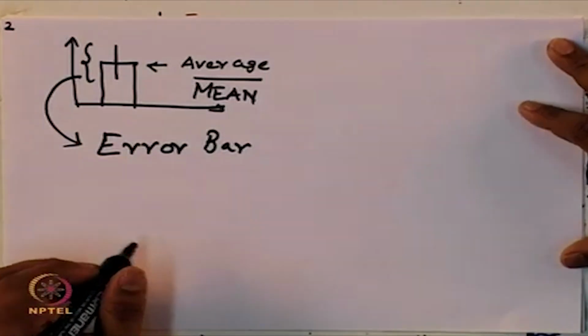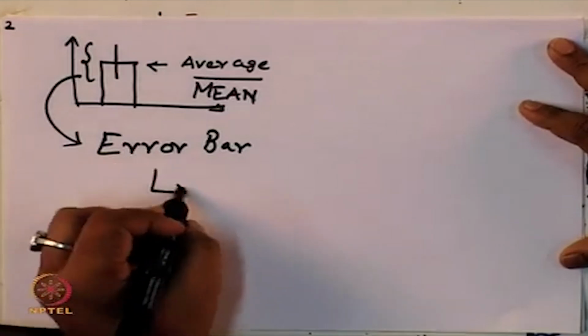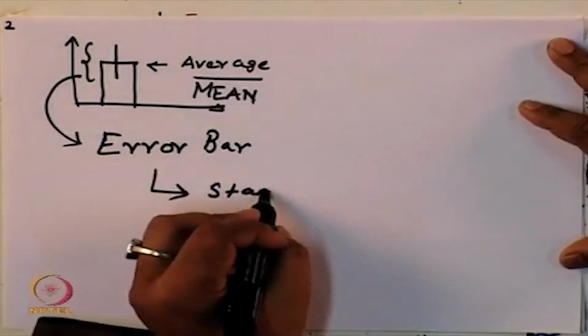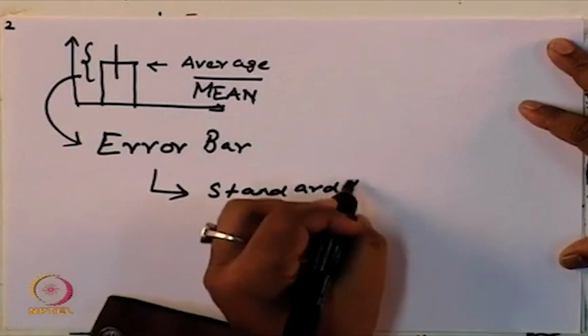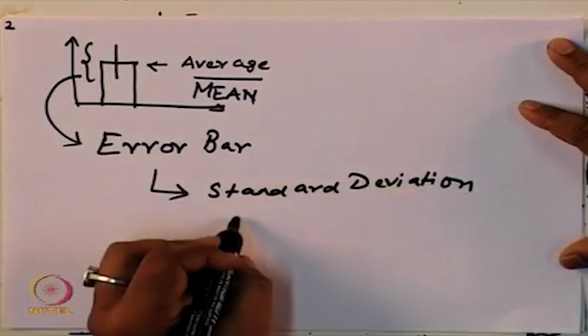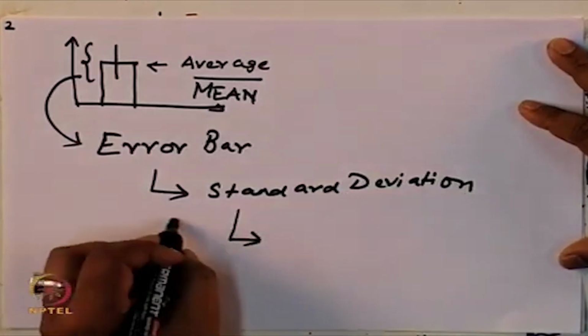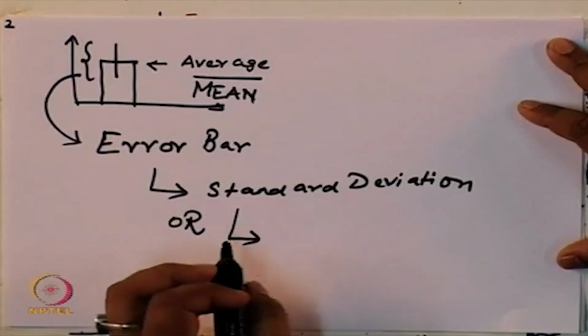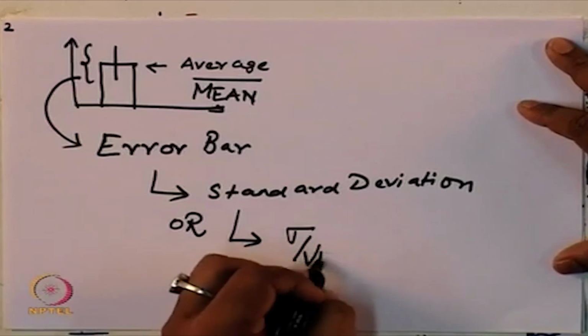Now, this error bar can be either your standard deviation, or instead of standard deviation you can plot sigma by root n.